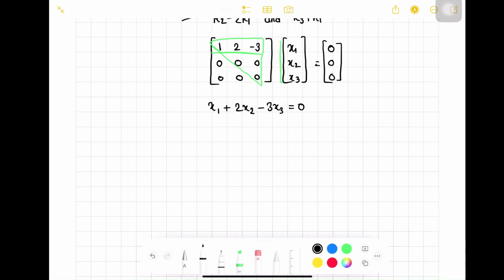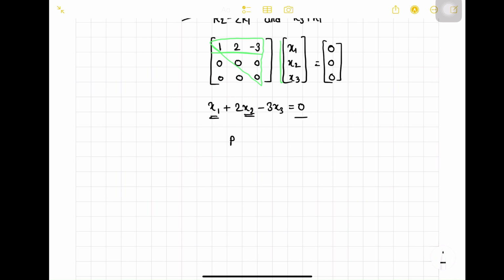After this, we need to put any two variables as s or t. We'll start putting values from the end. So we'll put x2 as s and x3 as t.